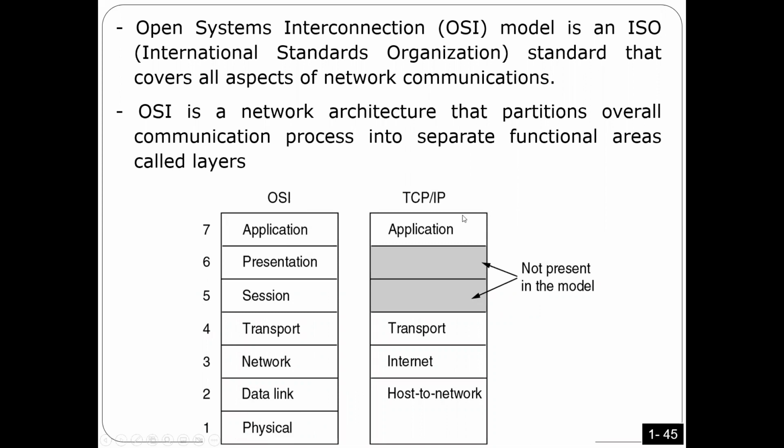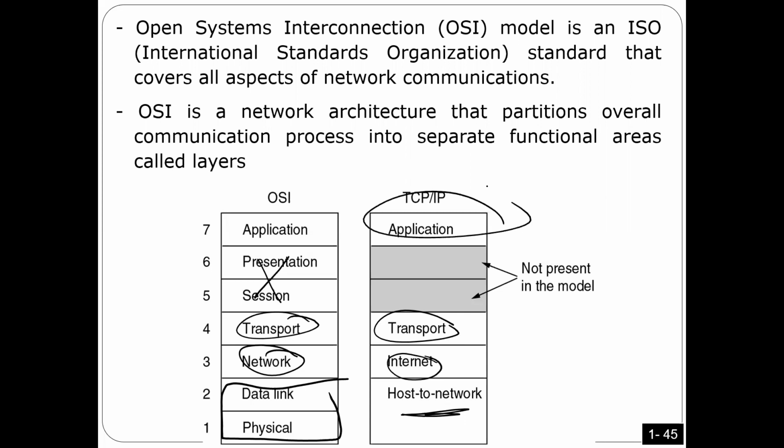And as you know, in TCP/IP, these 2 layers they combine together, and it's called host to network layer. Instead of network, we call it internet layer. Transport here is still transport. And we actually cancel these 2, but if you need the functionality of these 2, you can put it in the application layer.